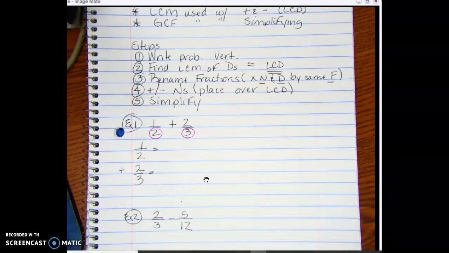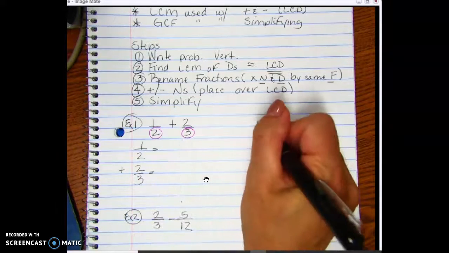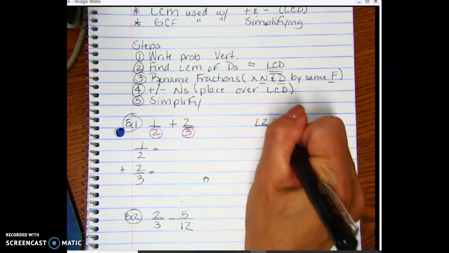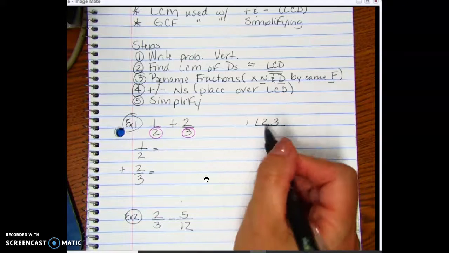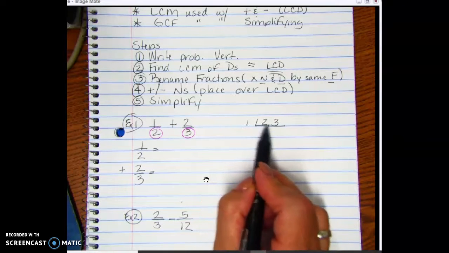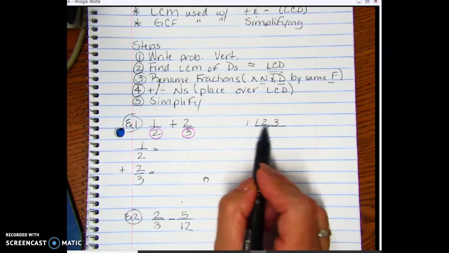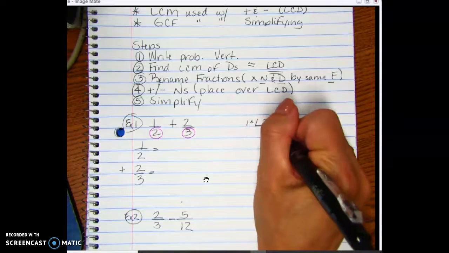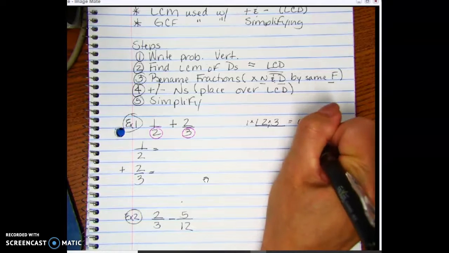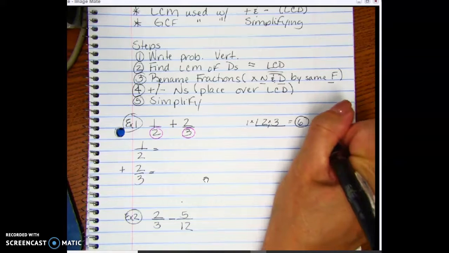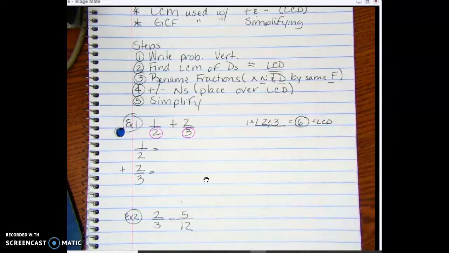Here's my denominators. Some people can just see it automatically. Other people might need to do this. Well, when one is the only factor between 2 and 3, then you know that you need to multiply them across and you end up with 6. That is your least common denominator.